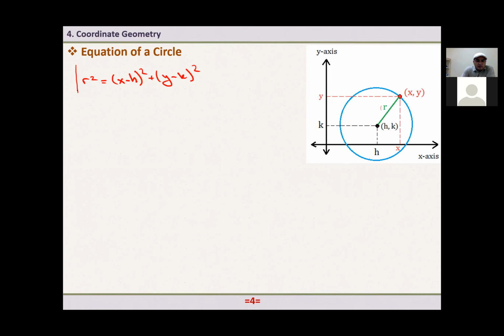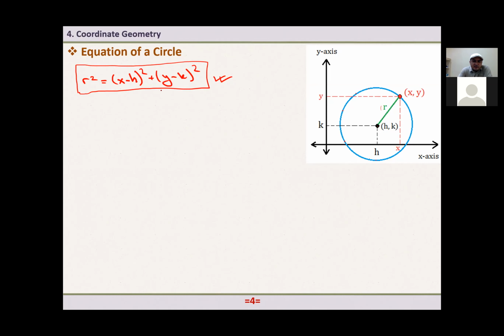All the points x and y which satisfy this equation are on the circle. We say that this is the equation of a circle whose center is at h, k and whose radius is r, right?